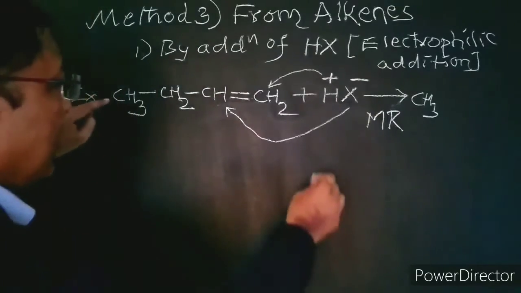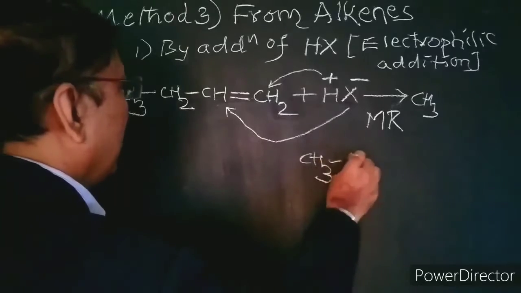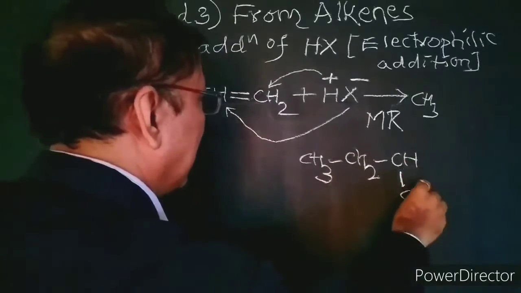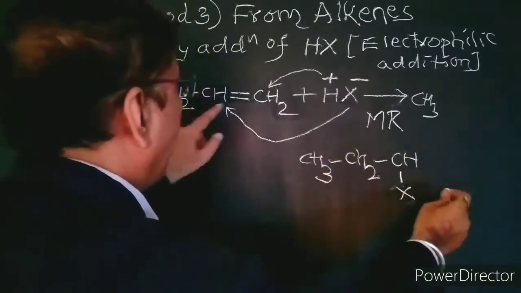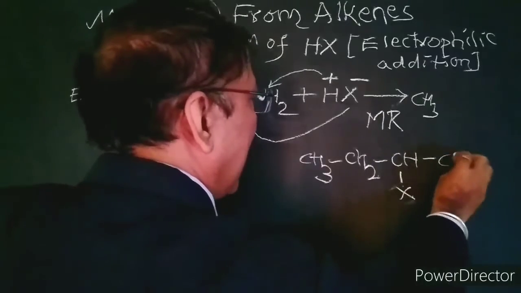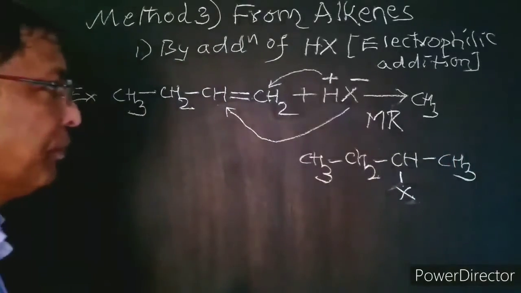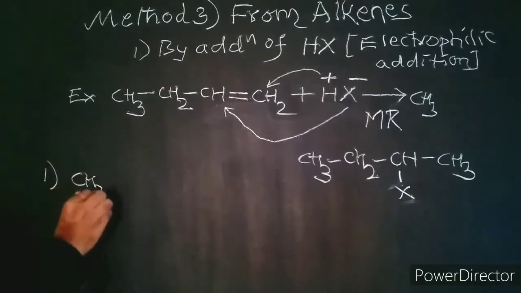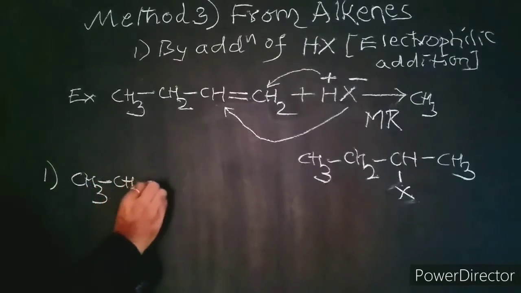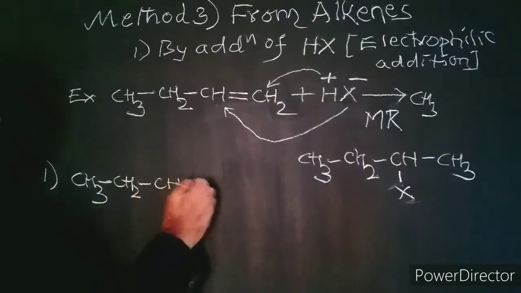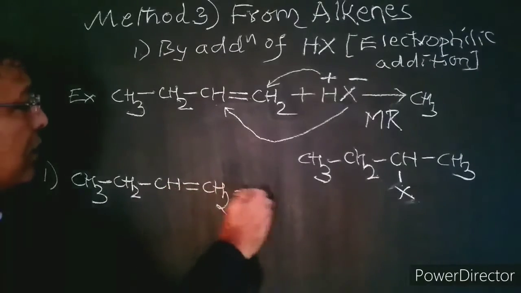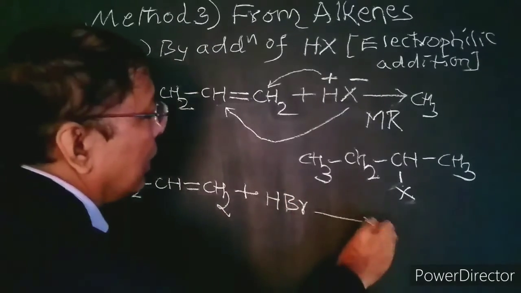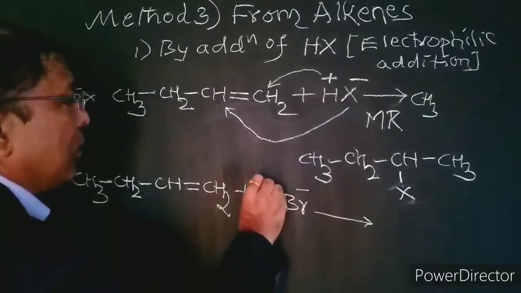And we get the product CH3, CH2, CH. Here the negative part of the reagent, halogen, comes here, and the double bond converts to single bond, and here we get CH3. For example, if I take CH3CH2CH=CH2, and if I use here HBr, hydrogen bromide, Br is negative and hydrogen is positive.